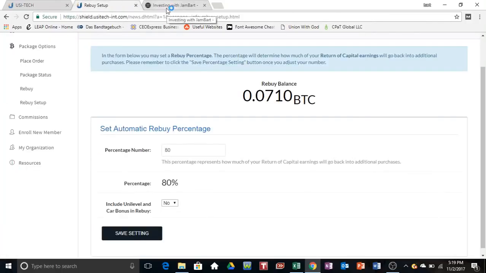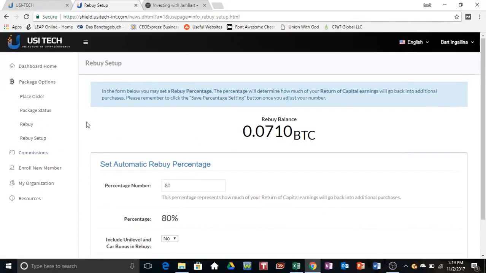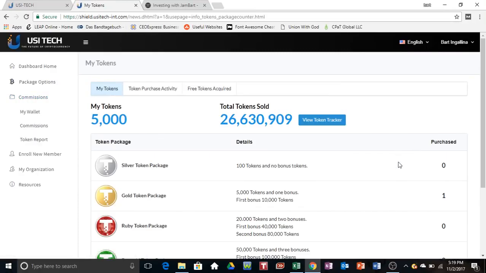Okay, all right. Then the last thing I wanted to show you, a couple of other things. If you were interested in the token purchase here with USI Tech, USI Tech just came out with a token, and they're in the pre-sale right now.